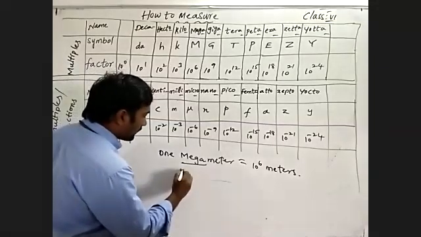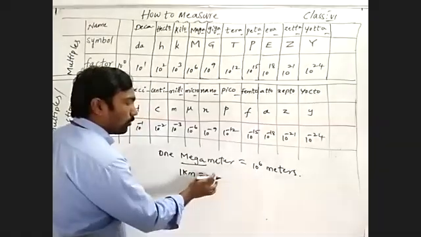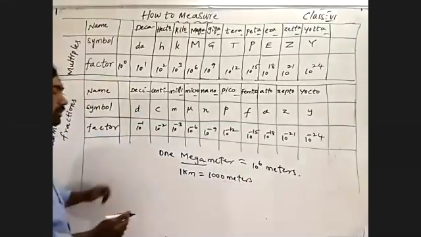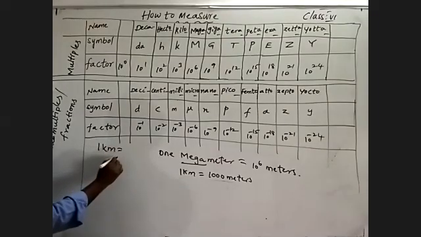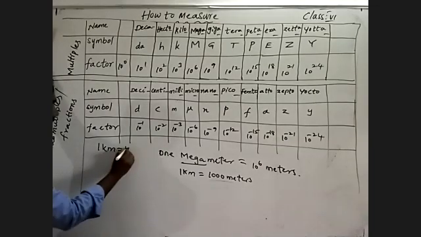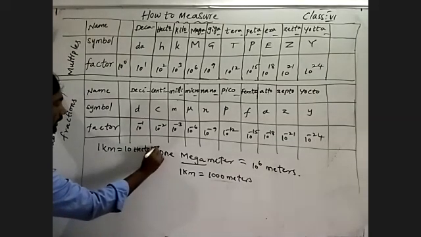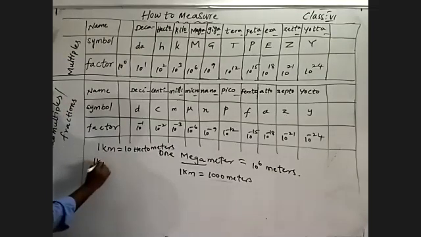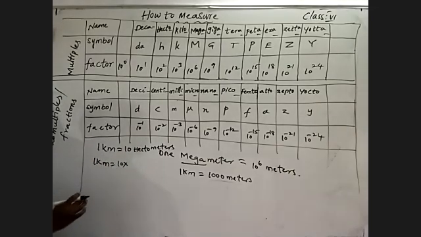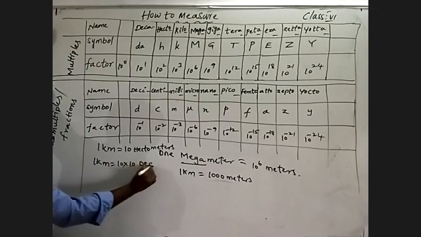Suppose 1 kilometer is equal to how many meters? 1000 meters. How did we get that? First, 1 kilometer is equal to how many hectometers? 10 hectometers. Then 1 hectometer is equal to how many decameters? 10 decameters.